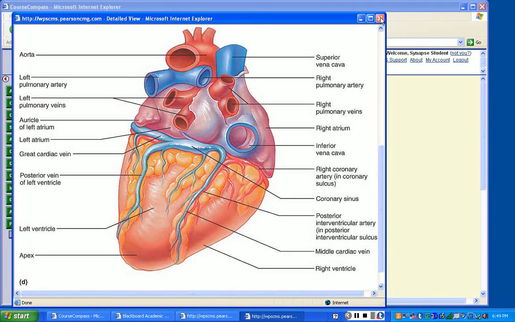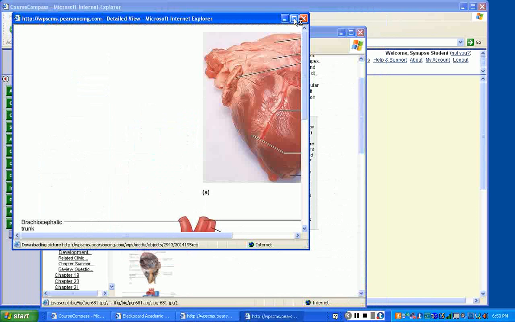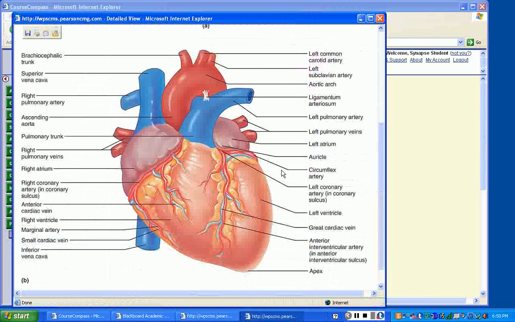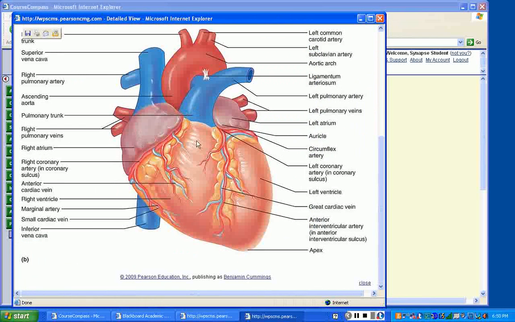In your book, go back to page 681 for a second. This picture. See, there's a groove between the atrium and the ventricle, and there are blood vessels in it, right? And then on the other side over here on the left, there's a groove there with blood vessels in it.